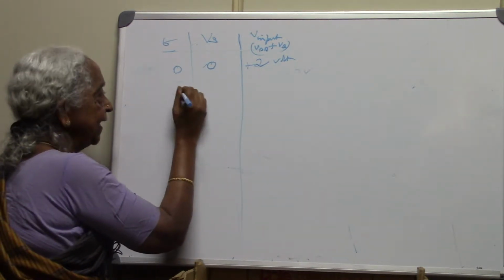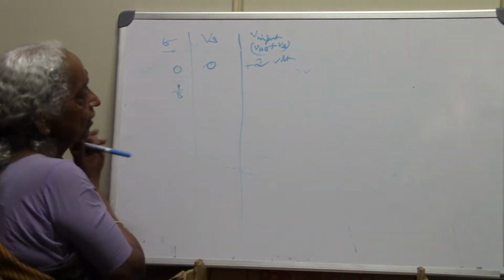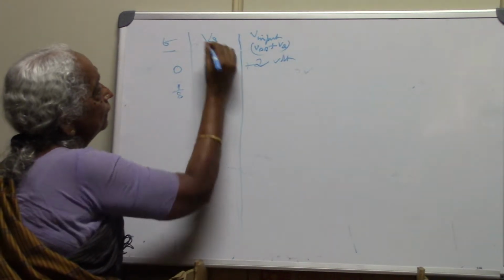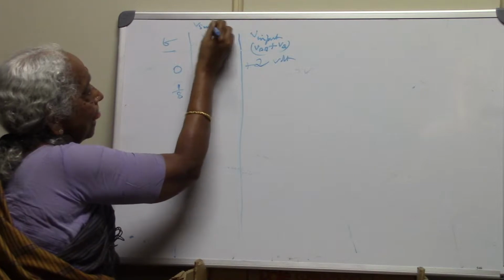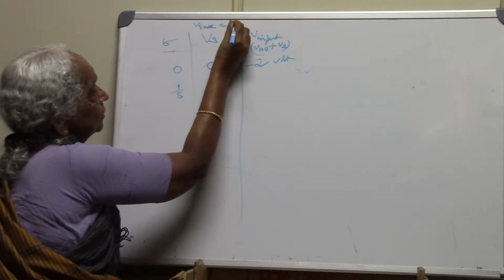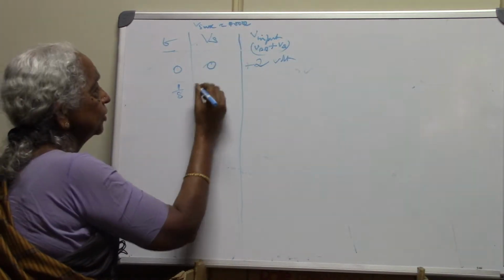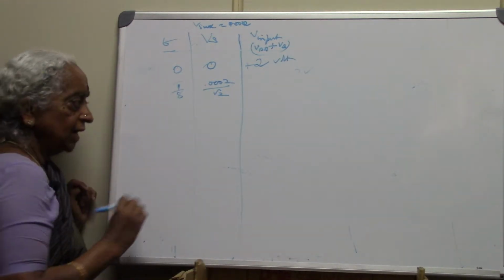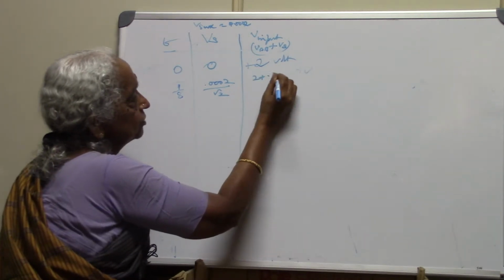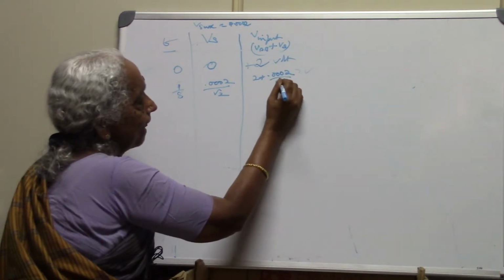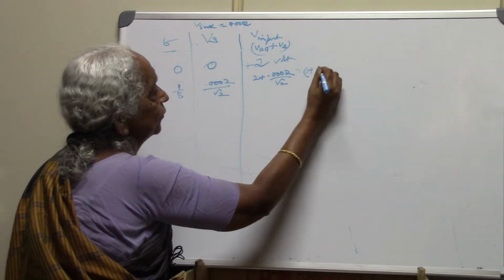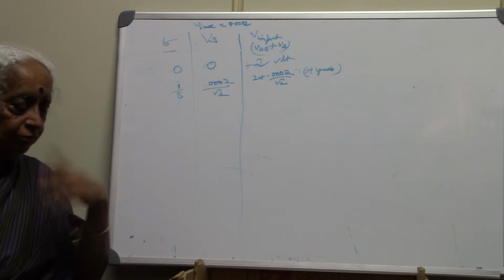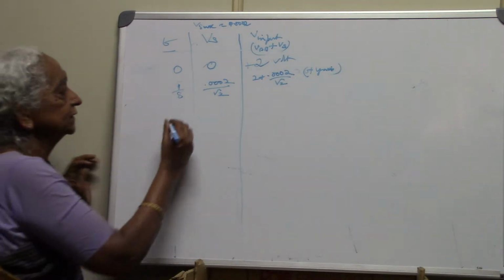And then at T by 8, Vs will be equal to Vs max by root 2, which is 0.0002 by root 2, and V input will be 2 plus 0.0002 by root 2, which will be on the positive y-axis. The voltage will get represented above the x-axis, or the positive side of the y-axis.